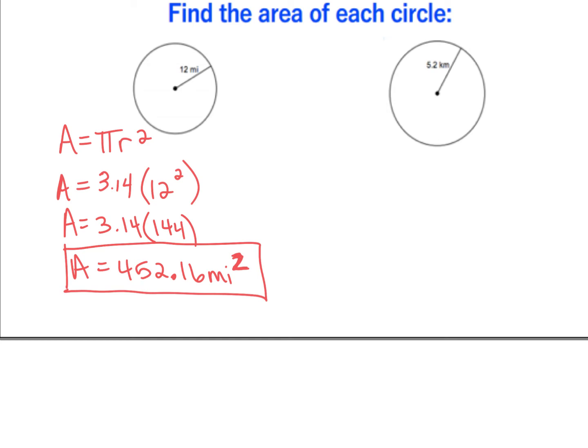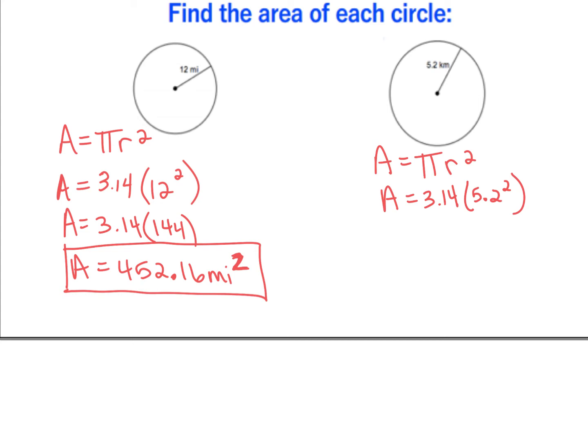All right, let's try our next one. So first we write our formula. Area equals pi r squared. We don't know our area, so we write A equals 3.14 times 5.2 squared. And then you just type all of that into your calculator.